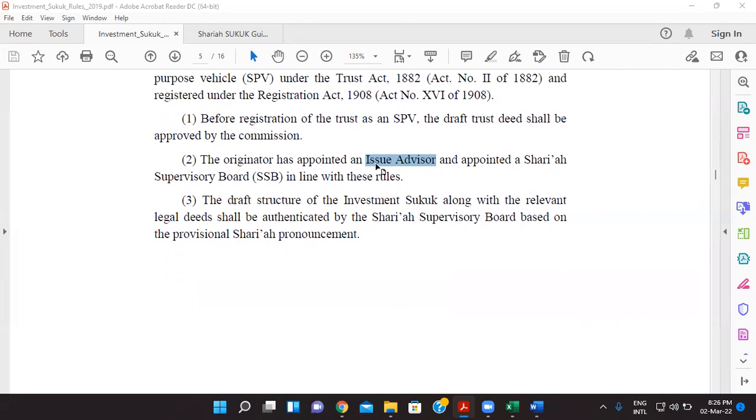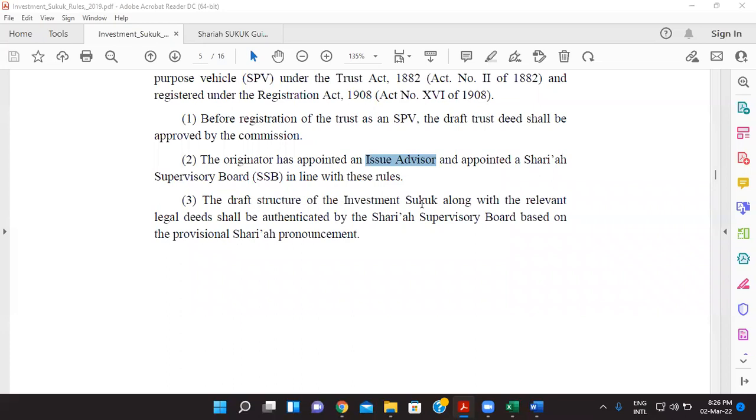What is their main task? Have you learned about this issue advisor? The primary function of the investment bank. Have you learned about this function? Should be, sir. Actually, I can remember a summary, but it should be there. Yes, sir. Okay. Thanks.